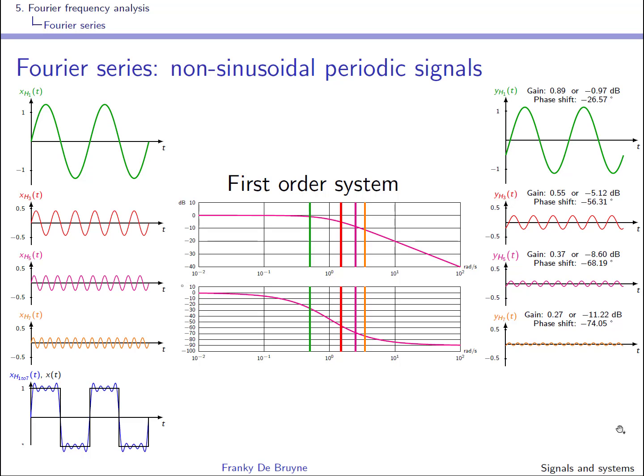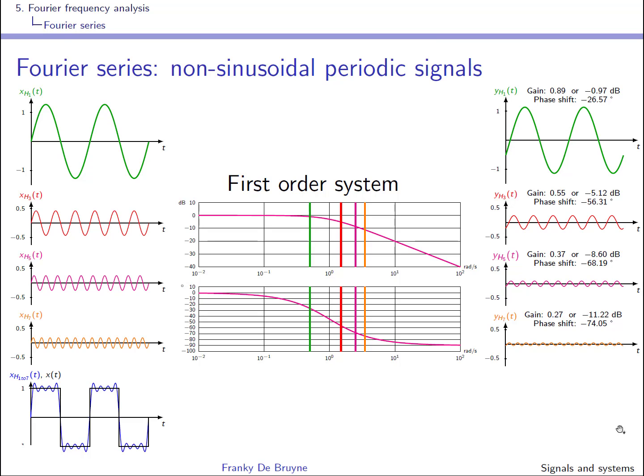Okay, so the green line is the fundamental component that goes through the first order system, and it's attenuated a bit, only approximately 1 dB, and there is a little bit of phase shift, around 26 degrees. You can do the same for the harmonic components, the third, fifth, and seventh harmonic component, and when they go through the system, they are attenuated and phase shifted, right?